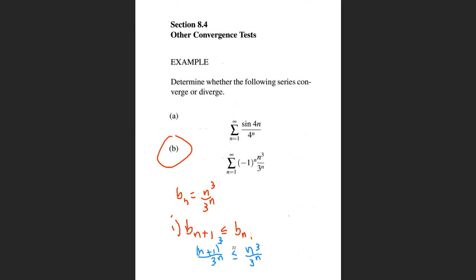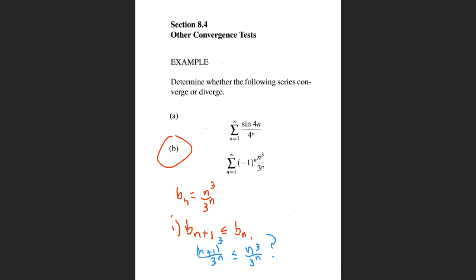Okay. Is that easy to show? Is that easy to prove? Do you think that's easy to show for this series, that the terms are decreasing? For the alternating harmonic series, it was intuitive, looking at the terms, that they decrease with n.